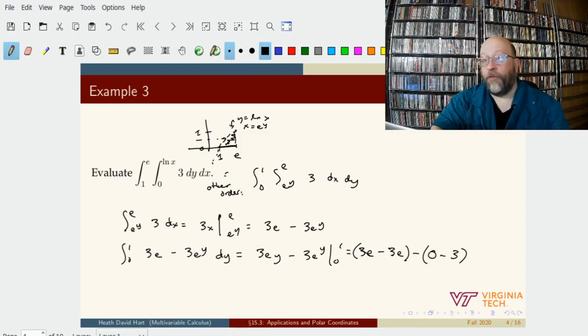And so the 3e's cancel, and I have minus a negative 3, which is equal to positive 3. All right. So this was an example of switching the order of integration to make the problem simpler.